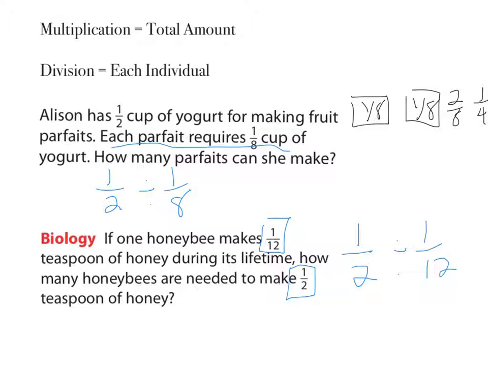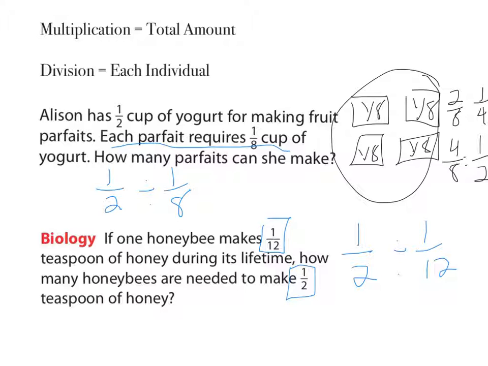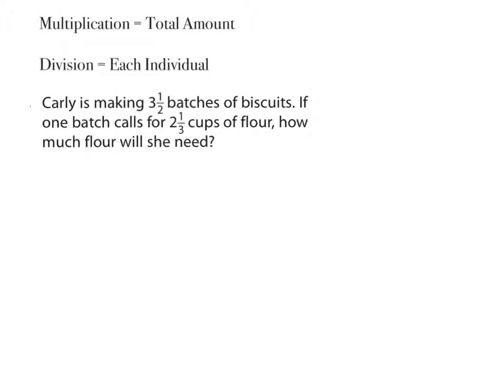But then I have another 1/8 and another 1/8. Now I have 4/8 total, which is also a half. So that tells me that I could make 4 parfaits if they're each 1/8. So remember, modeling can help you as well when you're working word problems.